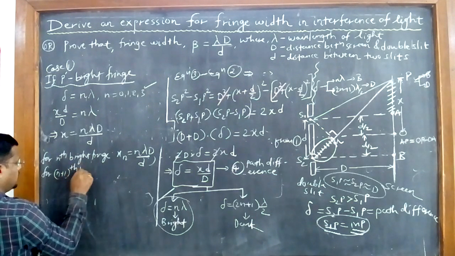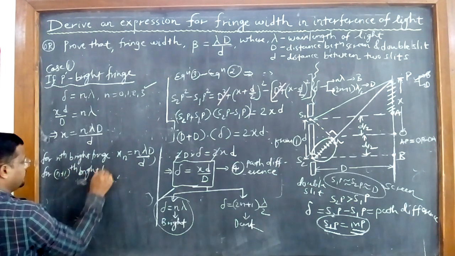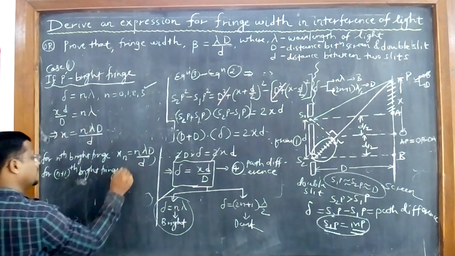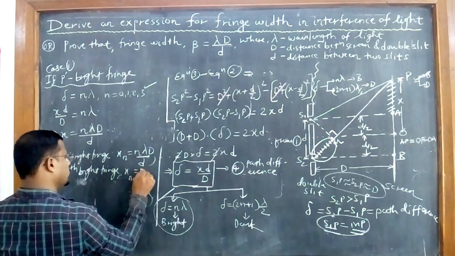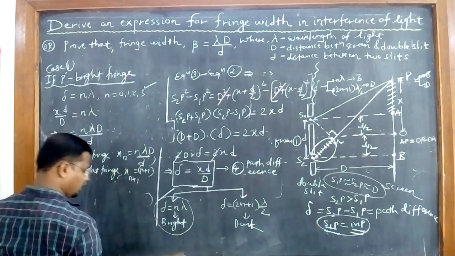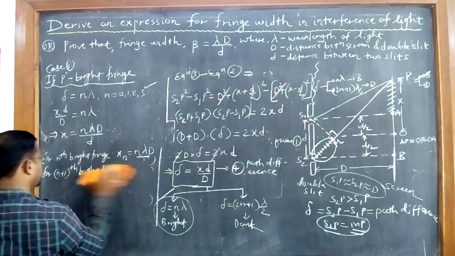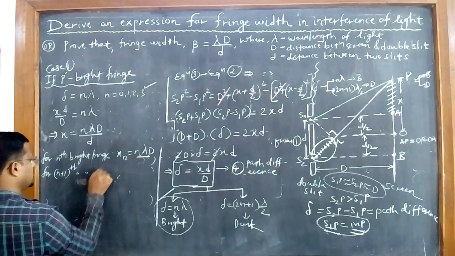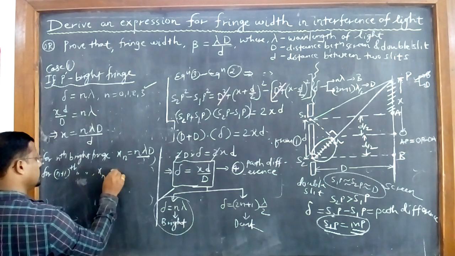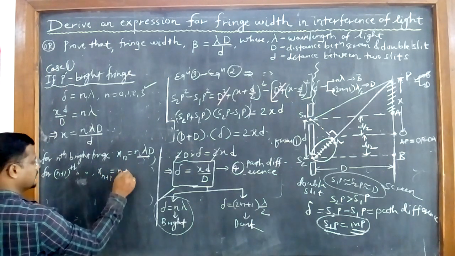And for the n plus 1th bright fringe, I will write xn plus 1 is equal to n plus 1 into lambda capital D by small d. Where n is there, you write n plus 1.